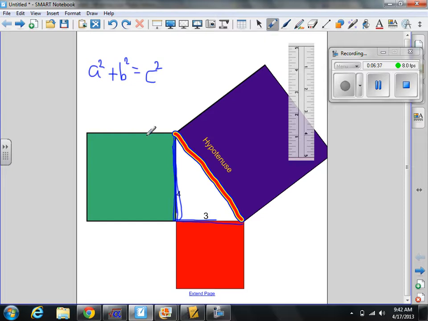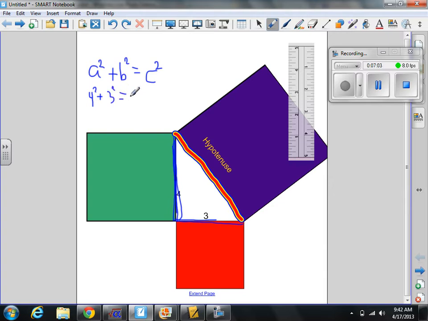Well, if we take the value of one of the legs, A and B are interchangeable. I can call 4 A or I can call 3 A, and the other way around, I can call 4 B or I can call 3 B. So I'm just going to keep it in order. I'm going to take 4 and square it, plus I'm going to take B, remember number 3, and I'll square that.